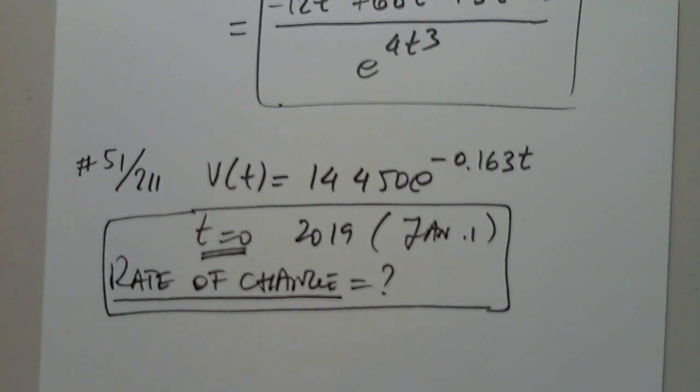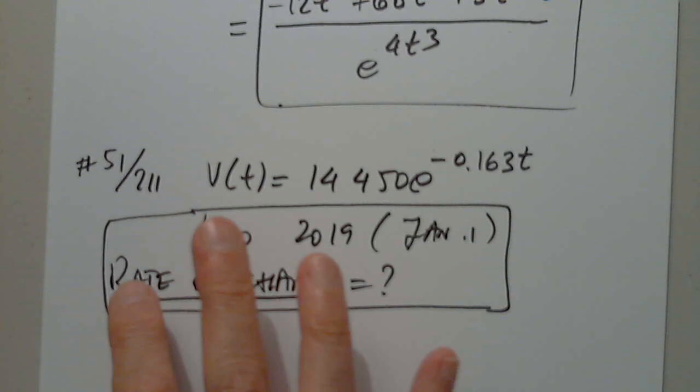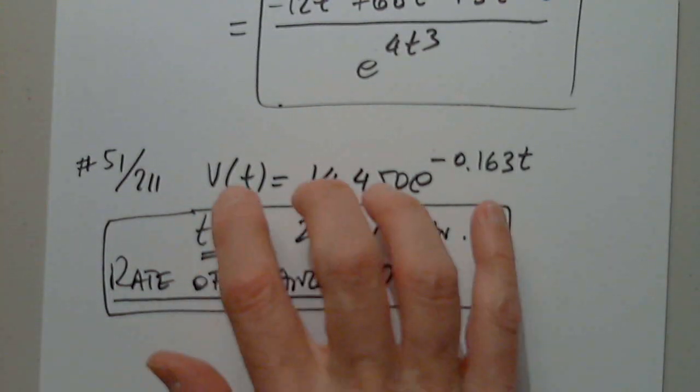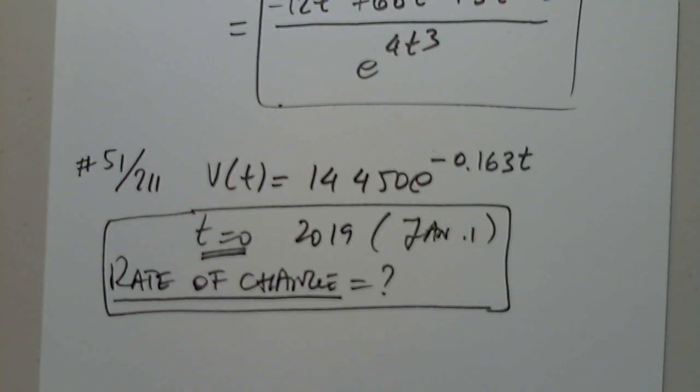What am I asked to determine? These words, rate of change, what do they mean for the function? Whenever they say, find the rate of change, what am I asked to find? Please say something, anything.